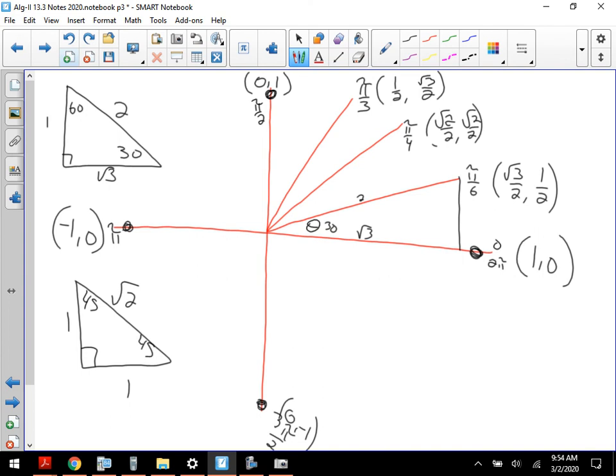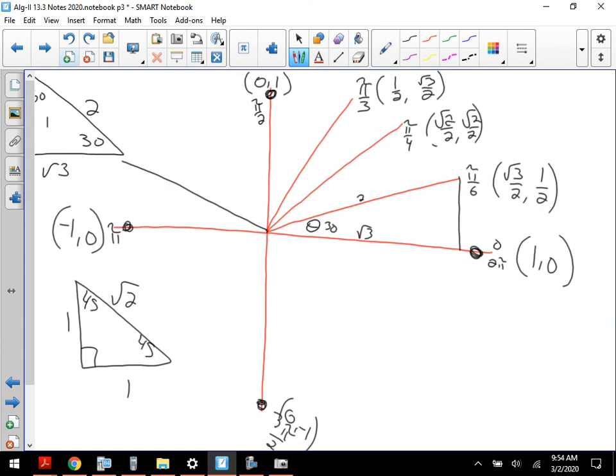Excuse me. So from here, what changes to the second quadrant? Doesn't this theta here and this theta here have the same reference angle? Remember, this point then just gets reflected.